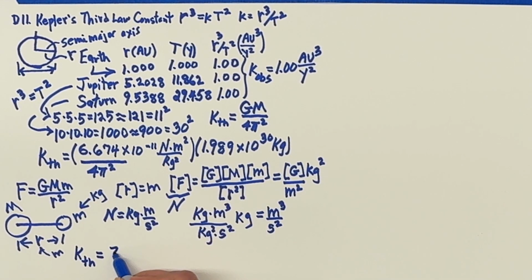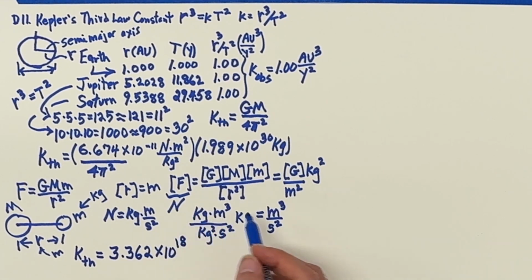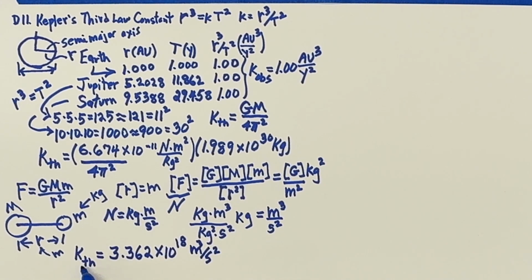And when you do that, you get 3.362 times 10 to the 18th. And then you have your meters here cubed over your second squared. So that's what it is. So we need to get rid of the meters and we need to get rid of the seconds. Well, how do we do that?